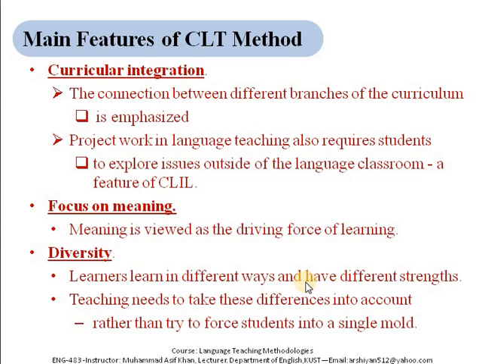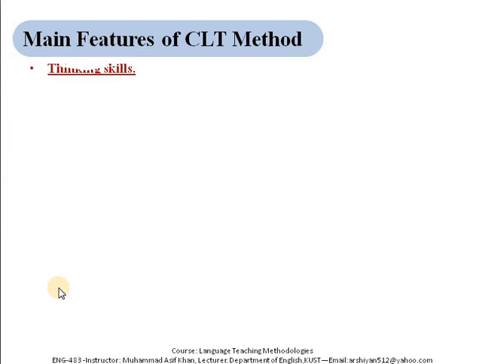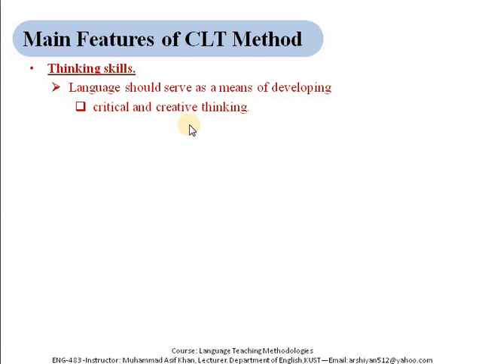So in this method, we see that this type of language teaching has led to an emphasis on developing students' use and awareness of learning strategies. Another feature of the CLT method is thinking skills, and the theorists of this method say that language should provide a means of developing higher order thinking skills, also known as critical or creative thinking.